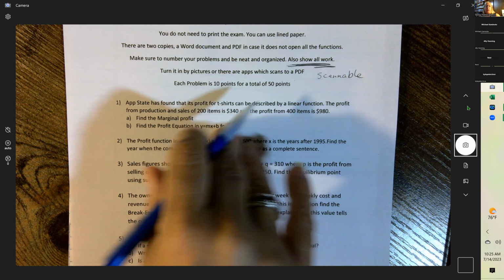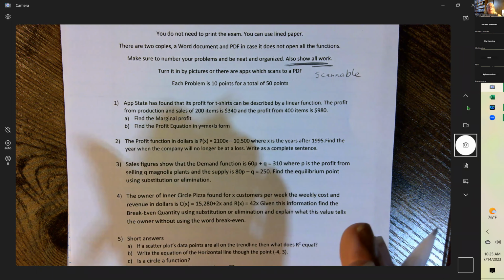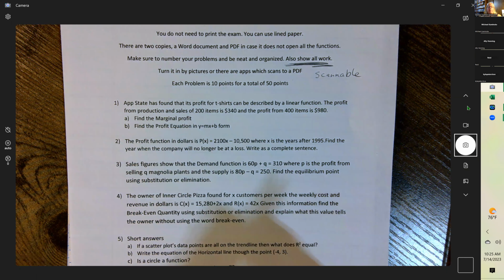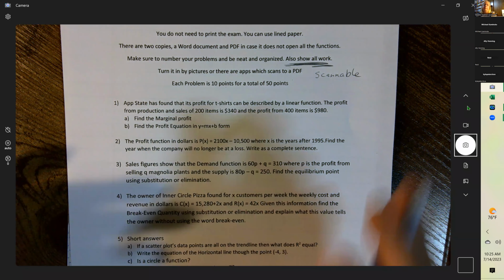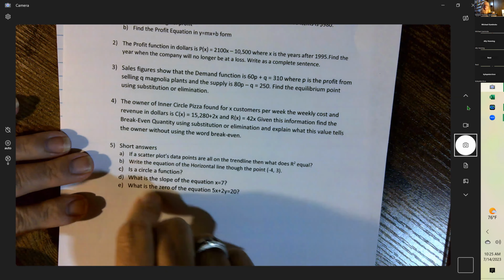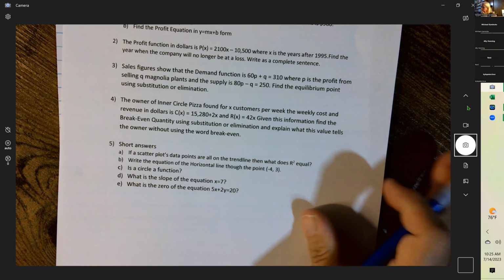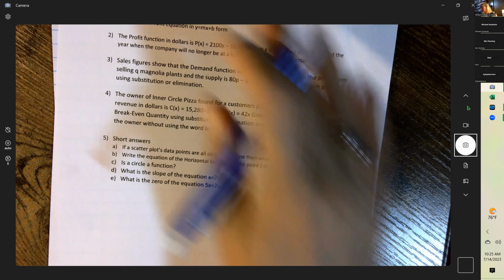You'll have the whole time, but it should not take more than 50 minutes. Each question should not take more than 5 because I split some of these up. This one here is broken into, I think, 4 problems. 5, 6, 7, 8. Yeah. I think 4.